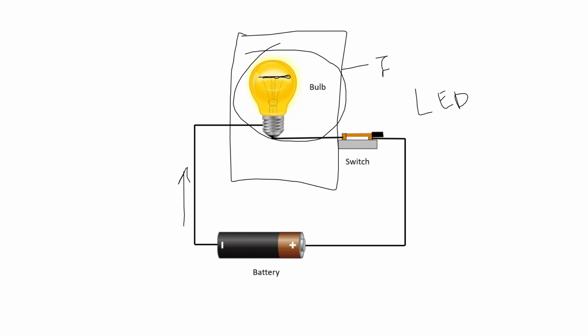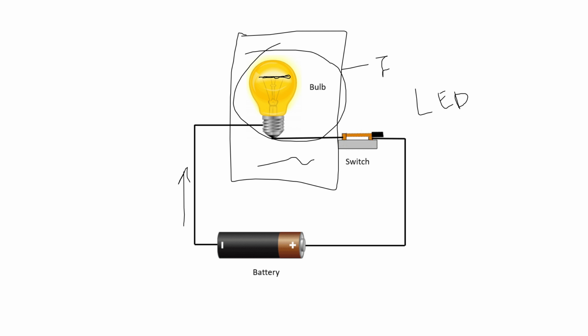As we saw, through the movement of electrons, we can now put an electronic component at the center to utilize that so that we can do whatever we want, and that is dictated by whatever component we're going to put over here.